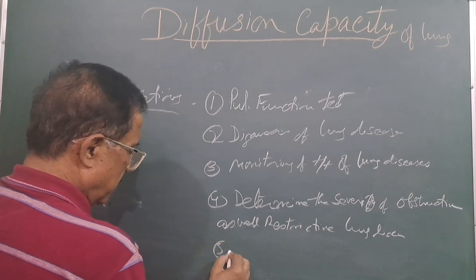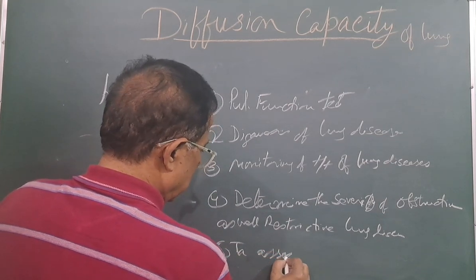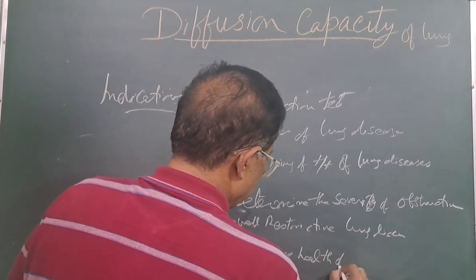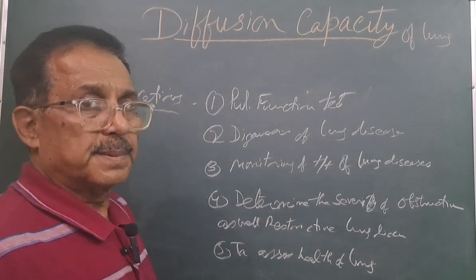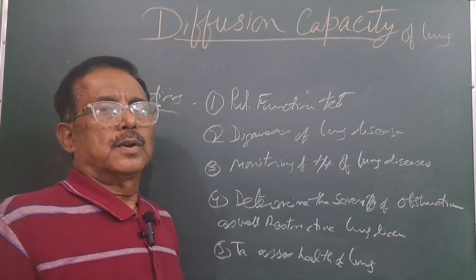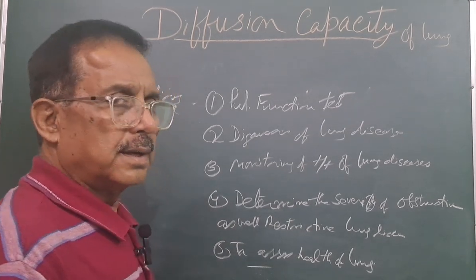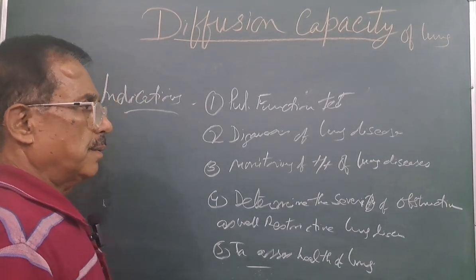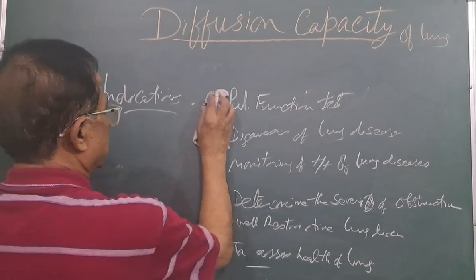Number five, to assess health of lung, or you say respiratory capacity, during or before surgery or in athletes. These are the indications, why we measure this diffusion capacity.